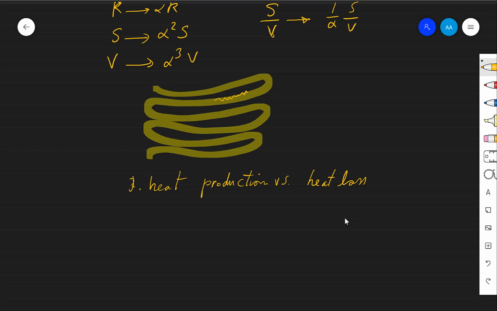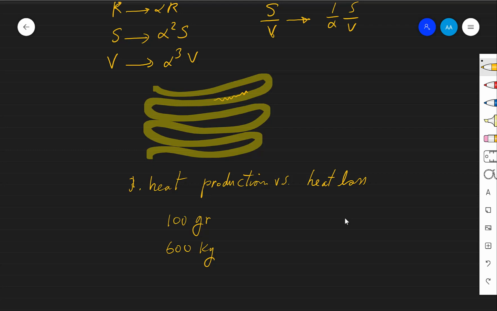For example, let's compare a mouse and a bear. The mouse weighs about 100 grams and the bear weighs about 600 kilograms. Assuming both have almost the same density, we can obtain the ratio of their volumes.